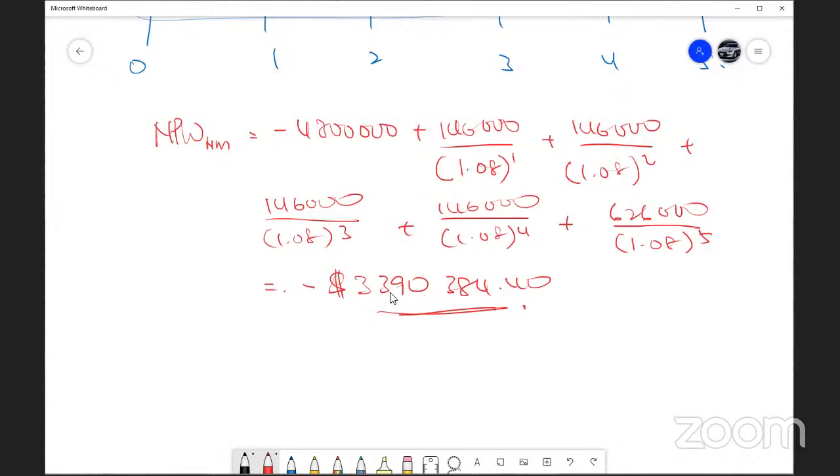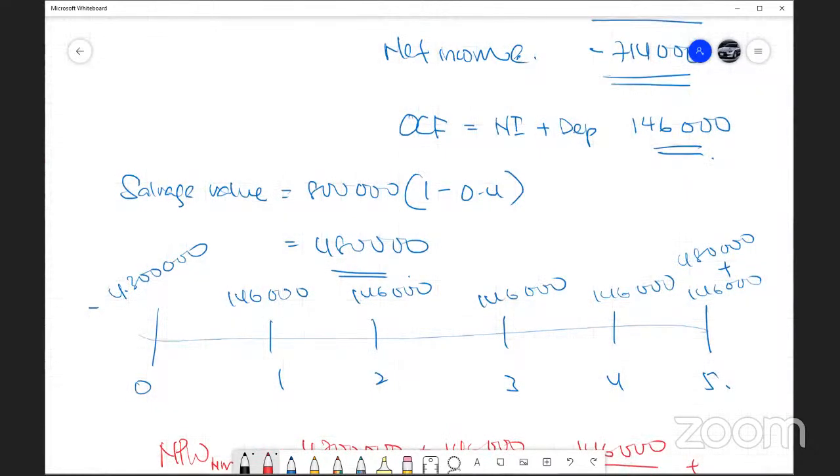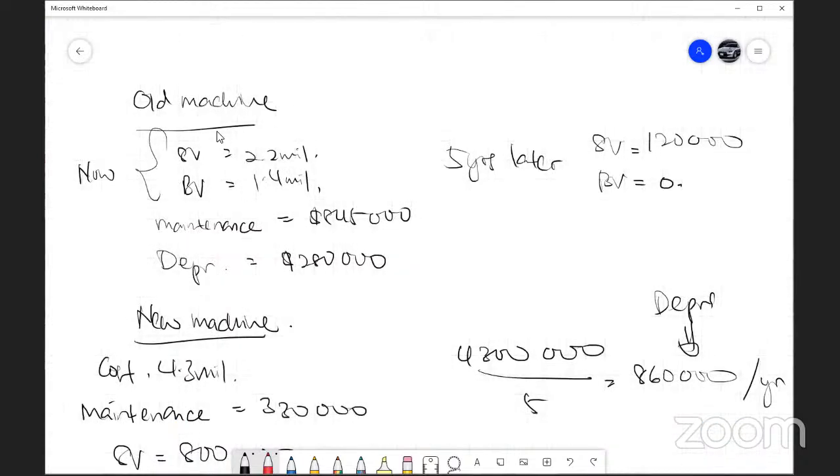So let's see, if you use back your old machine, what is the difference? If you're keeping the old machine, what is the difference? I think we've forgotten about the old machine already. The old machine at the current time is actually still worth $2.2 million.